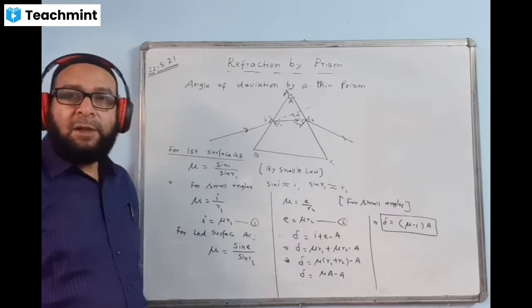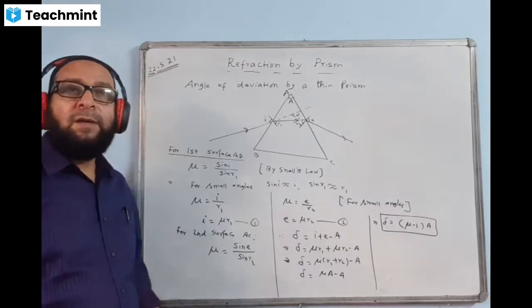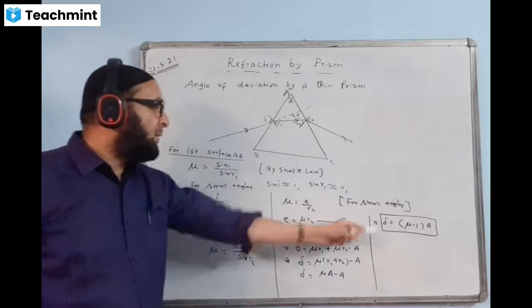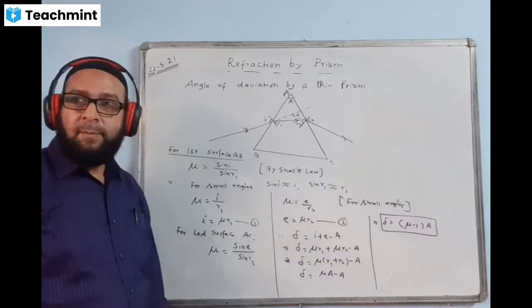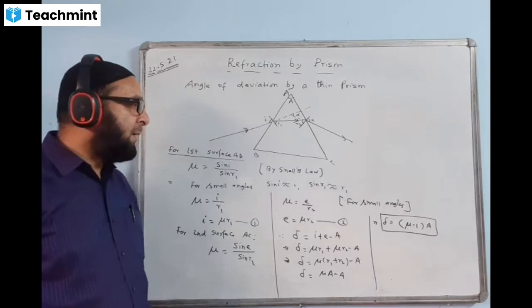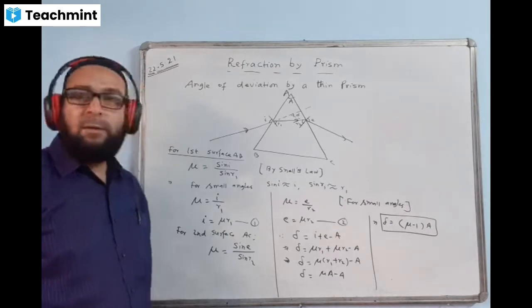Angle of deviation by a thin prism, or for a small angle of incidence, is delta equal to mu minus 1 into A.